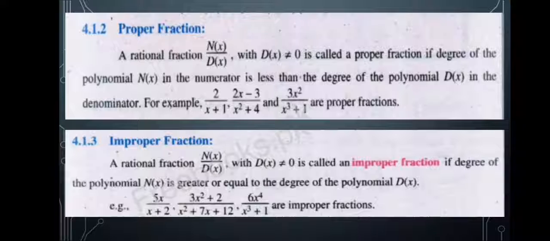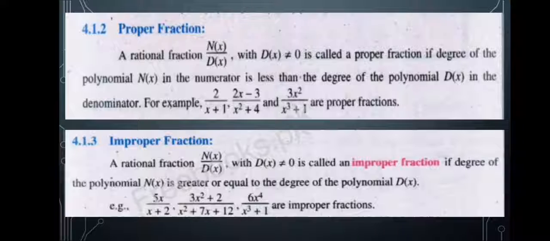So simply, if the degree of the polynomial in the numerator is less than the degree of the polynomial in the denominator, then we consider a fraction as a proper fraction.